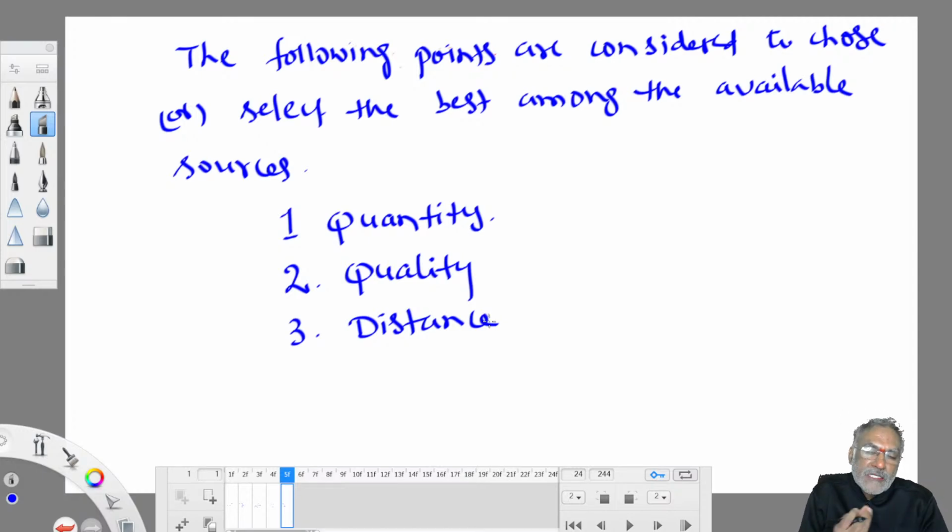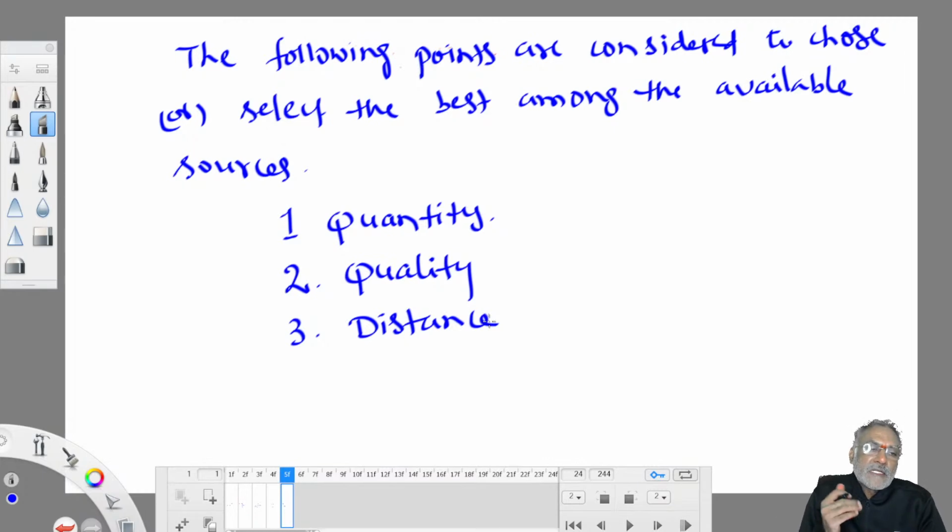So therefore first priority is quantity. Once quantity is satisfied, then we look at the quality. Among the available sources that meet the quantity requirement, we choose the best quality water.